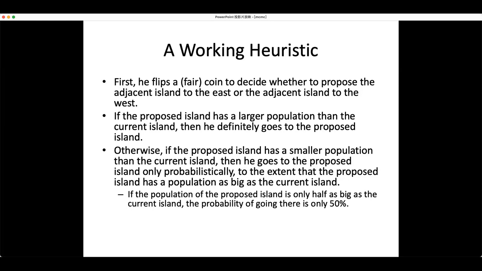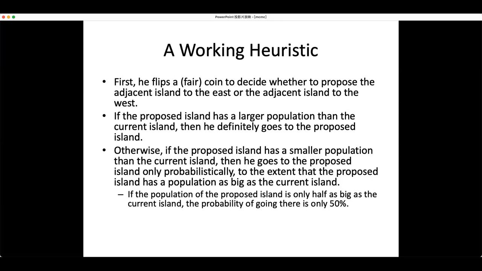If the proposed island has a larger population than the current island, then the politician definitely goes to the proposed island. For example, after he flips the coin, if it's the left, and the left island has more population than the current one, then the politician will go for sure.